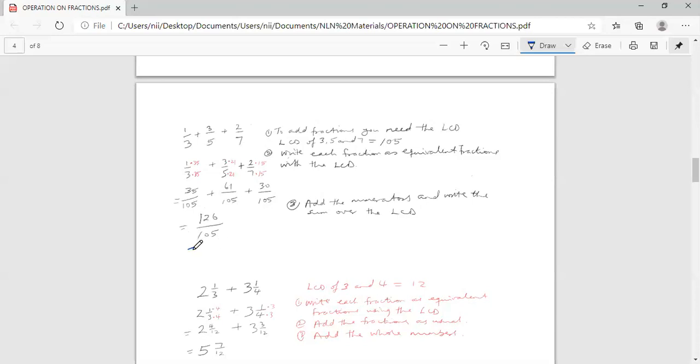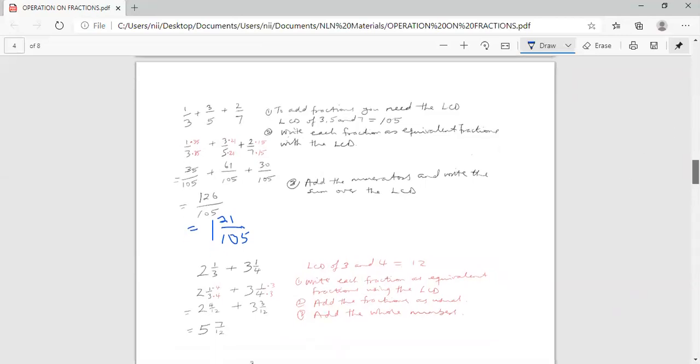If you do that, you have one whole number, because 105 can go into 126 one time, leaving 21 over 105 as the remainder. So one whole number 21 over 105 will be your answer. Great.